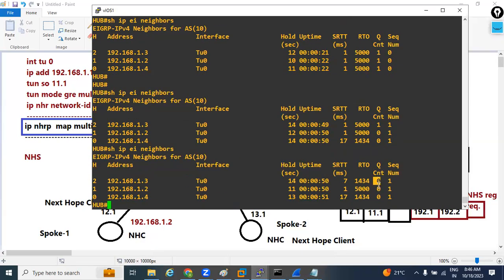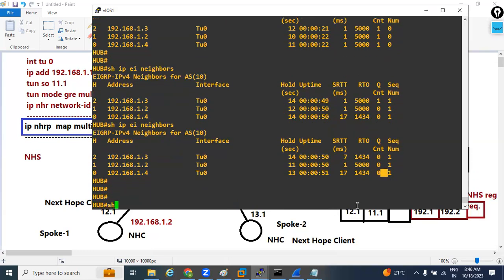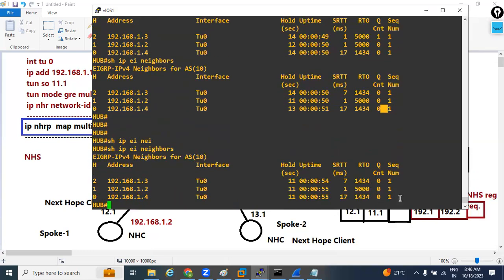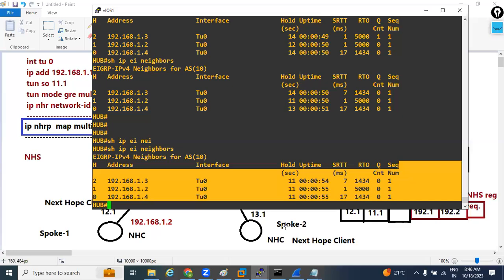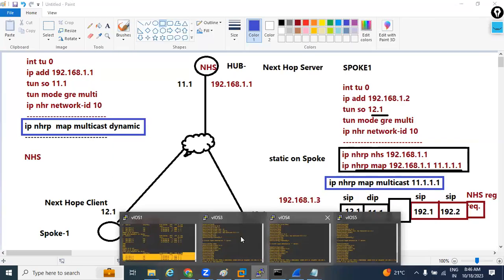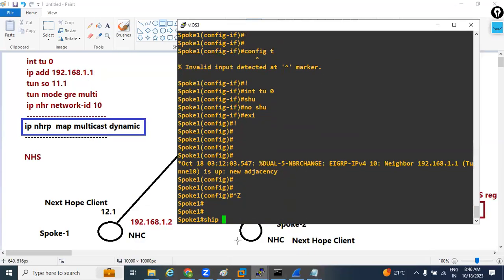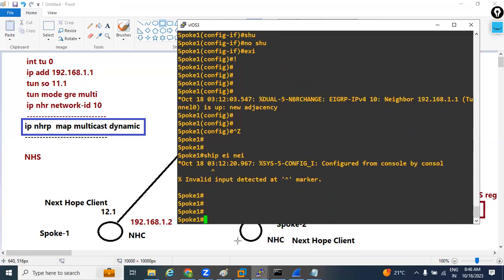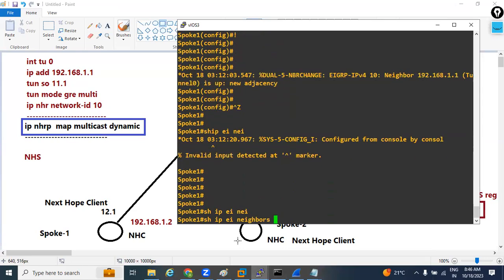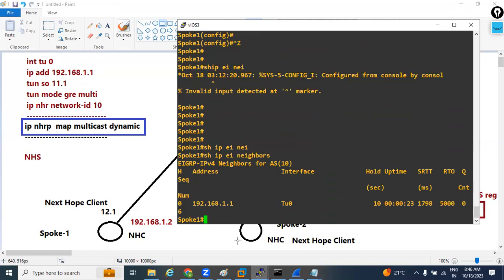Now for the spokes, check the count. So show IP NHRP, clear or not? So on the spoke, who's my neighbor? Only the hub here.